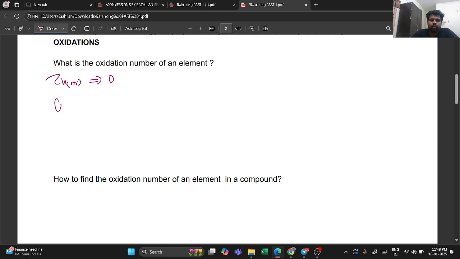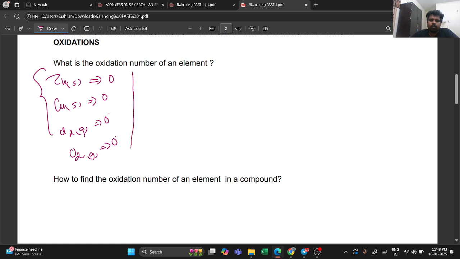Suppose copper in its solid state: you can write zinc solid, copper solid, oxidation number 0. Chlorine, which is in gaseous state, is 0. So all elements in their elemental state, as they are available in nature, zinc as a solid, copper as a solid, chlorine as a gas, oxygen as a gas, have oxidation number 0.